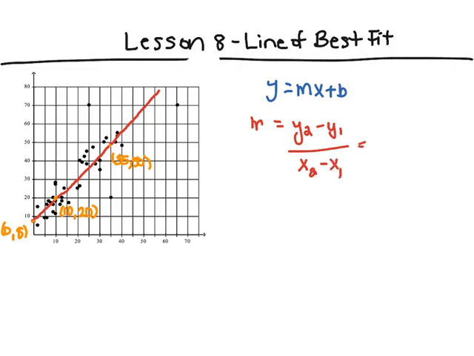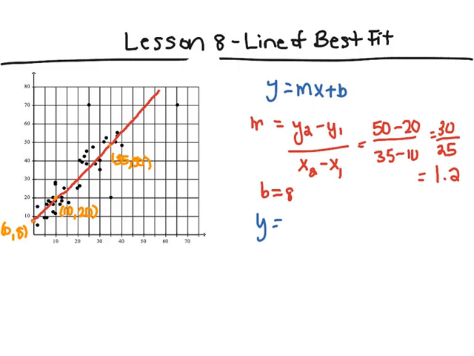This line goes through the points (35, 50) and (10, 20), so we're going to go 50 minus 20 over 35 minus 10, which is 30 over 25, which is 1.2. Our y-intercept is 8 for where it crosses the y-axis, so our equation is y equals 1.2x plus 8.